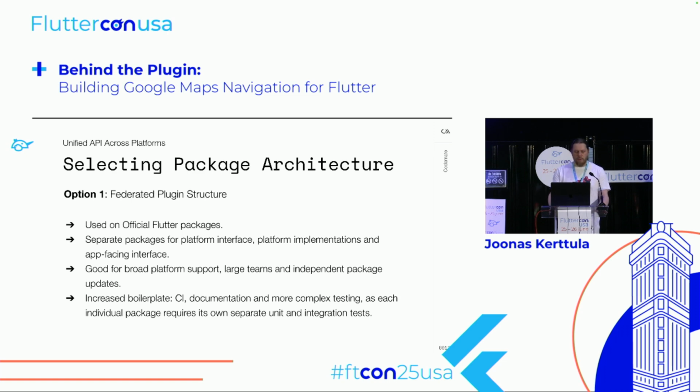It's really good for broad platform support, meaning that if there will be new platforms or different developers implementing a new version of the plugin, it allows endorsing plugins later and extending the plugin implementation. But it increases the boilerplate quite a lot.